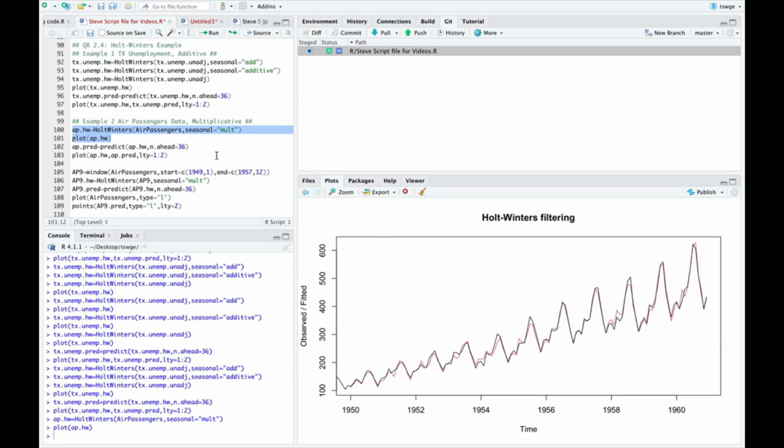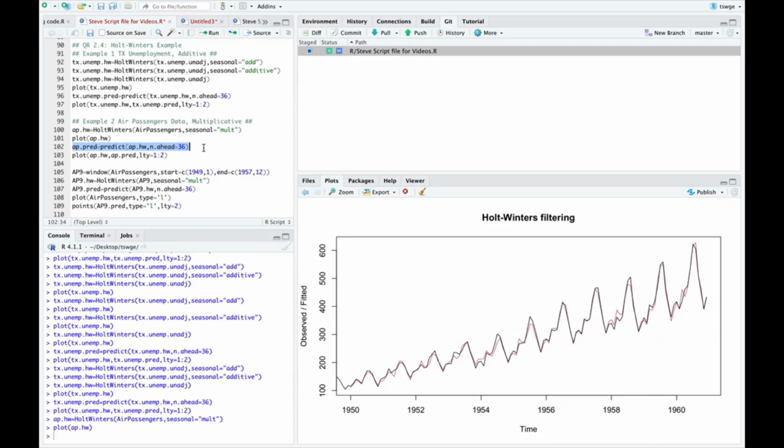Now, this time we're going to do something a little bit different. We're going to do the same thing first of all. So let's look at what would happen if we looked at the next 3 years. So remember, the air passengers data went from 1948 out to the end of 1960. But let's predict what would happen for the next 3 years, because we're saying n.ahead equals 36. So that means the next 36 months.